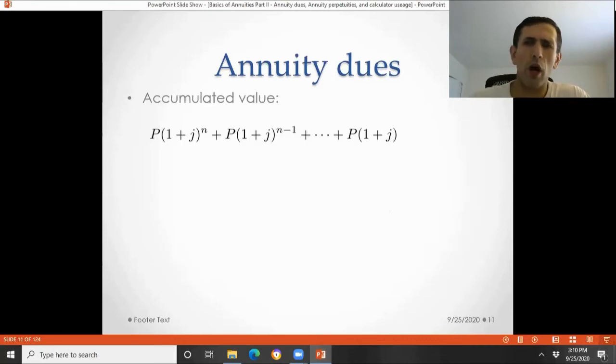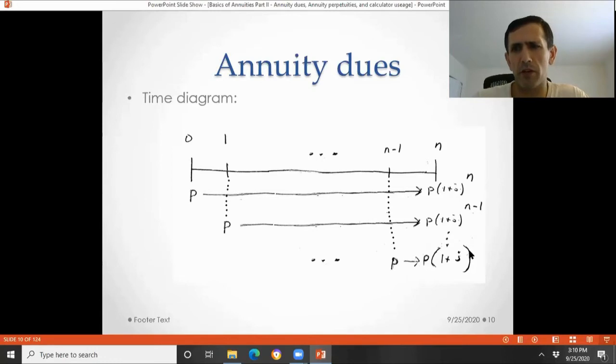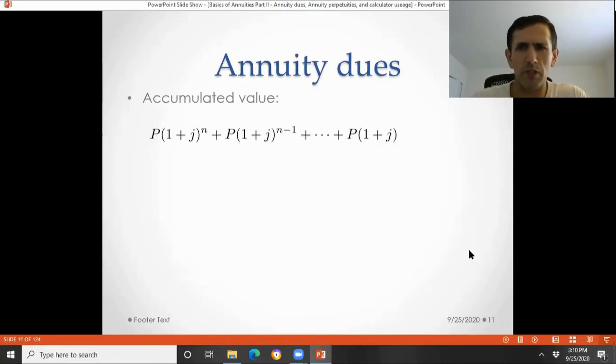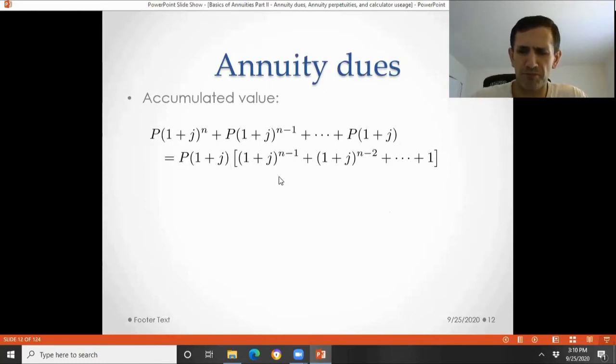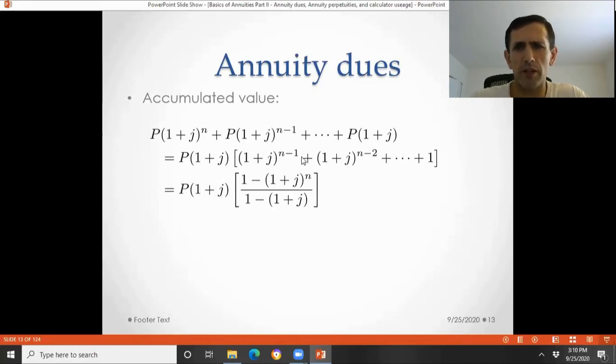To get the accumulated value, you just add everything up, with the usual geometric series formula after we factor a P(1+J) out. It's going to be P(1+J) times (1 - r^N) over (1 - r), where r is 1+J.